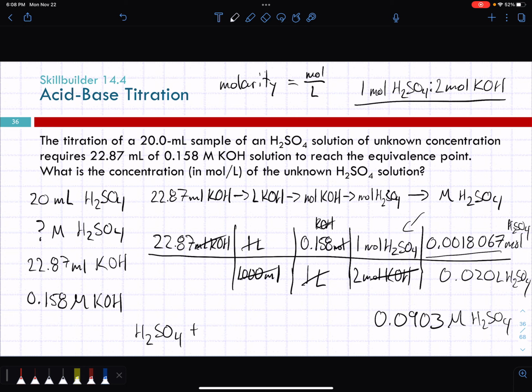H2SO4 plus KOH reacts to form H2O plus K2SO4. So then you just balance this. I'm going to balance the potassium hydroxide, and we're going to need a 2 here as well.